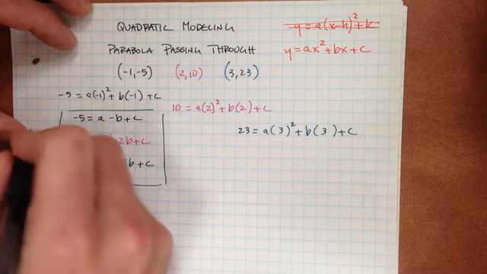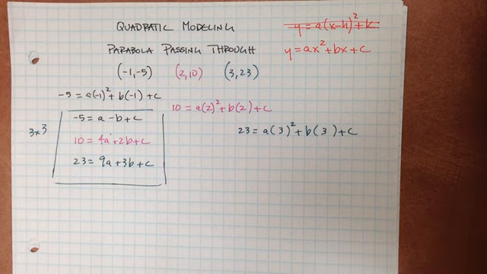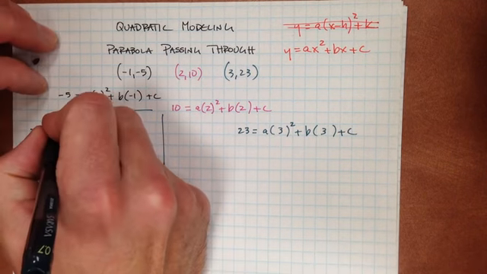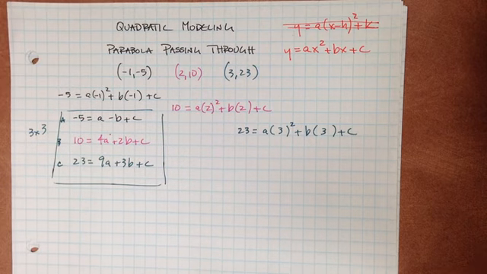You have effectively created your 3x3 system there. Now, you need to eliminate one of these variables. The easiest one to eliminate, in my opinion, will be c. If I label these equations a, b, and c, that might make it easier for us to discuss.